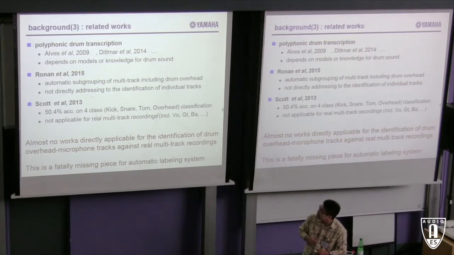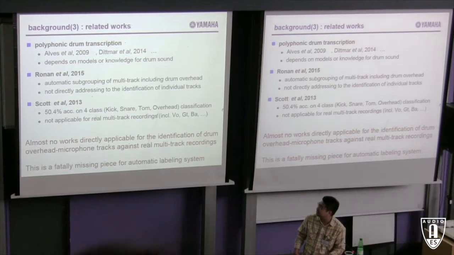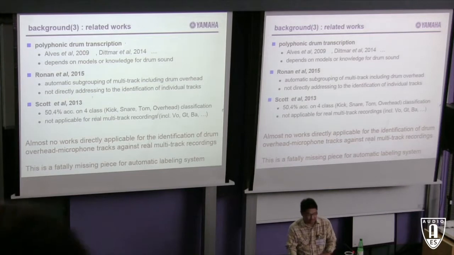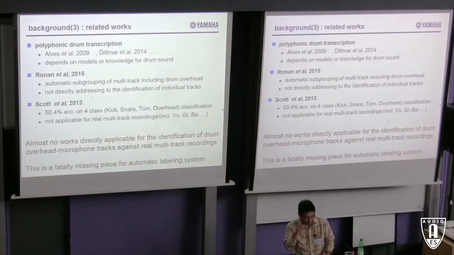On the other hand, Rona et al. tried automatic subgrouping of multi-track recordings, including drum overhead, but they were not directly addressing the identification of individual tracks. And another relevant work is by Scott et al.